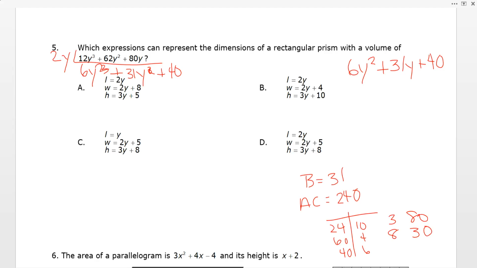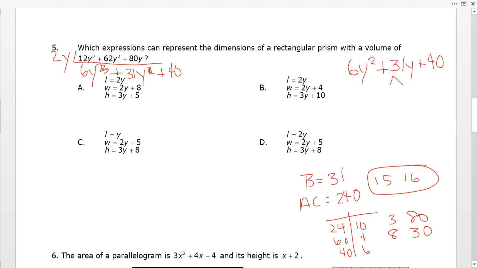I don't think any of these add up to 31. Ah, 15 and 16. 15 and 16 do. So my magic numbers are 15 and 16.